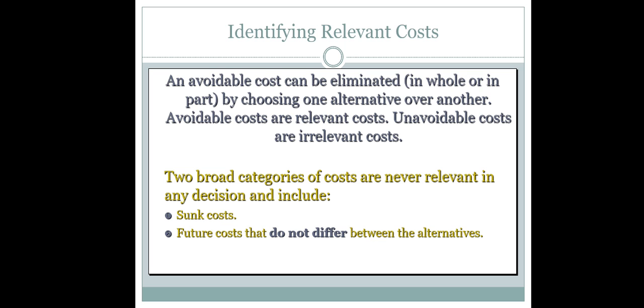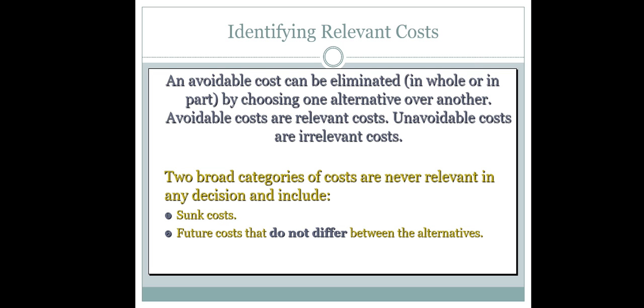In the first half of this slide, you have learned about relevant costs. And the second half of this slide is about irrelevant costs, or costs that should not be considered when you make a business decision.